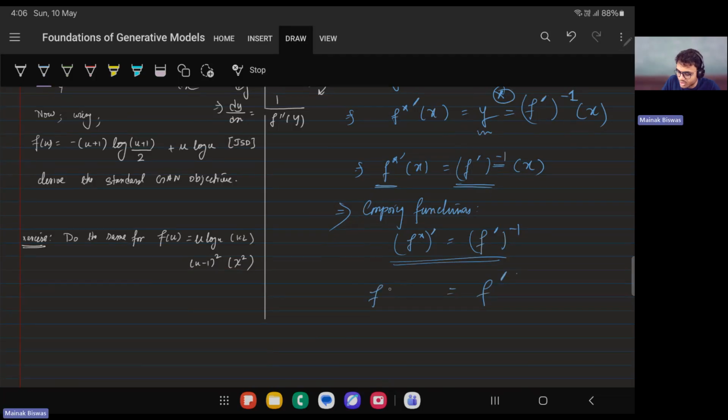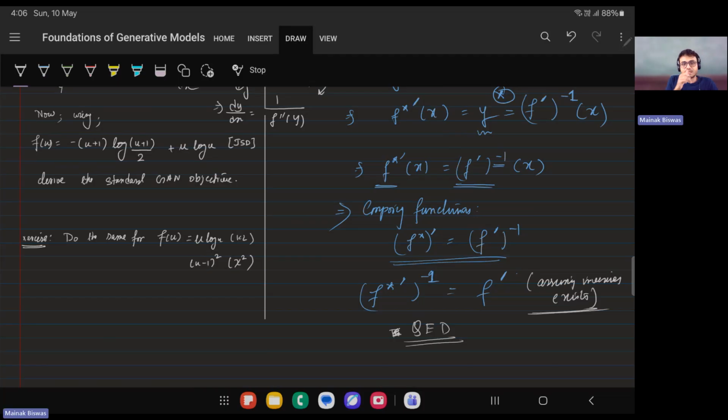If I put an inverse on both sides, f star dash inverse, right? Inverting, assuming inverses exist, because it's a convex one-one function, assuming inverses exist. So this is all, and hence QED. Right? We have proved what we wanted to prove.